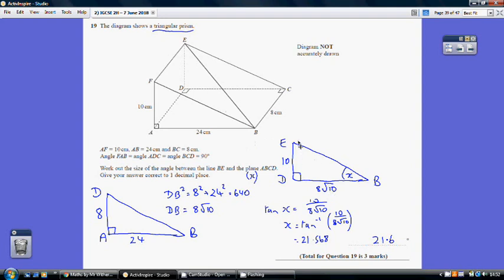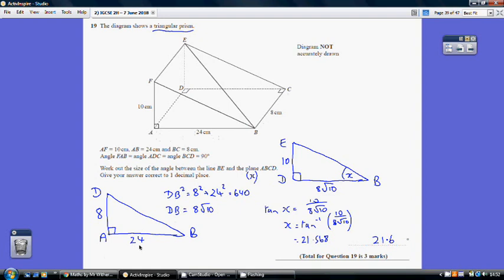Now there isn't an easy way to work out EB, but DB we can work out if we go and consider the right angled triangle DAB. Now the angle DAB is the right angle. The length from D to A is 8, because that's the same as B to C, and the length from A to B we can see is 24.